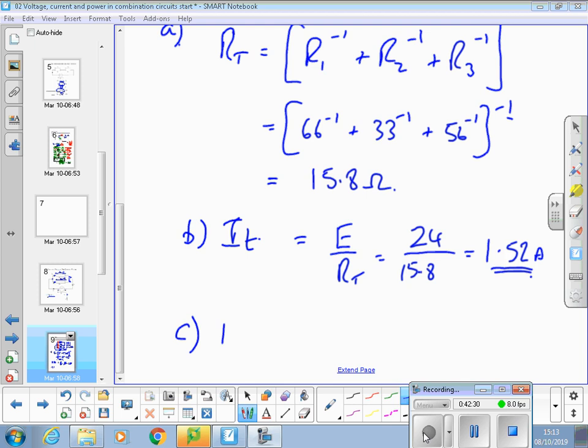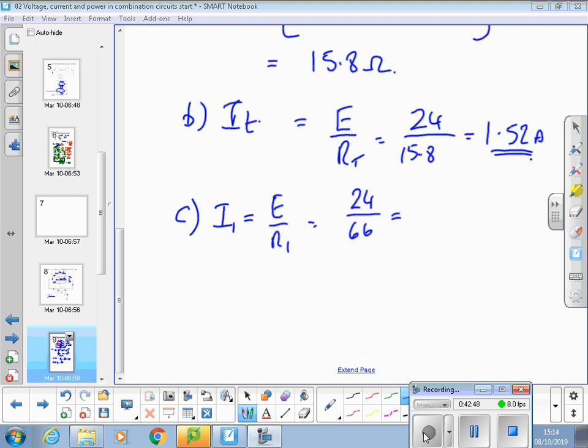How do we calculate I1? E over R1, 24 over 66, isn't it. 0.36 amps.